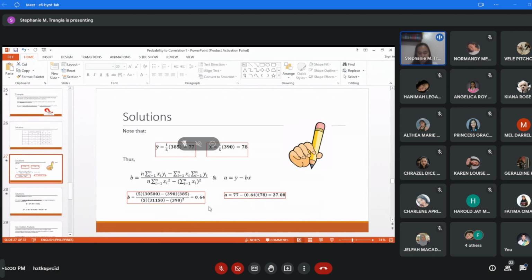That's 5 times 30,500, so that's 152,500 minus the product of 390 times 385, that's 150,150. So that's 2,350. You divide by the denominator part, and you will end up with 0.64 as your beta. Okay? Understood, since their formulas now match.